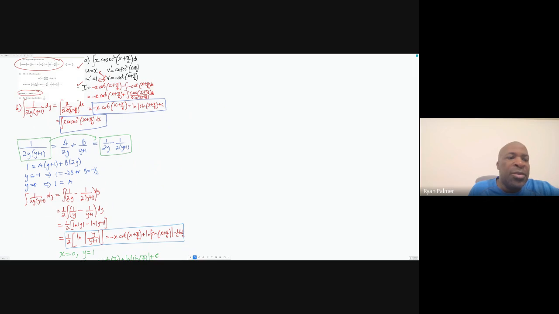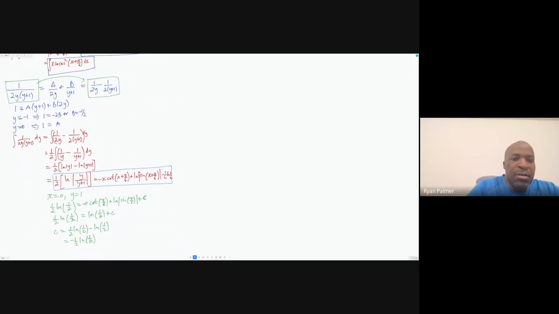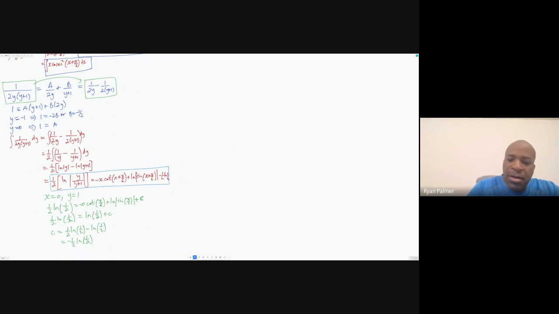We integrated x cosec squared(x plus pi by 6), and then we solved the differential equation. We solved for c, and now we want to use this particular solution to solve for the exact value of y when x is pi by 12.